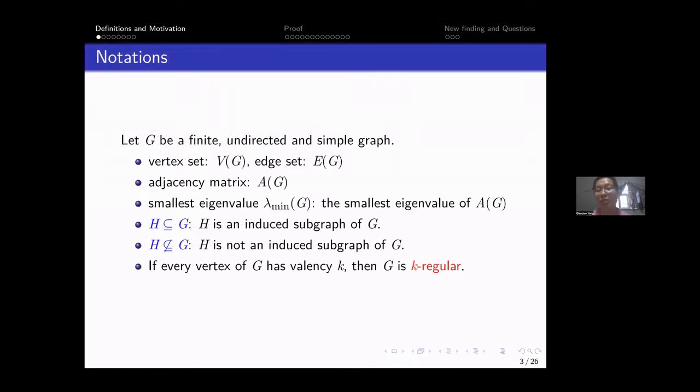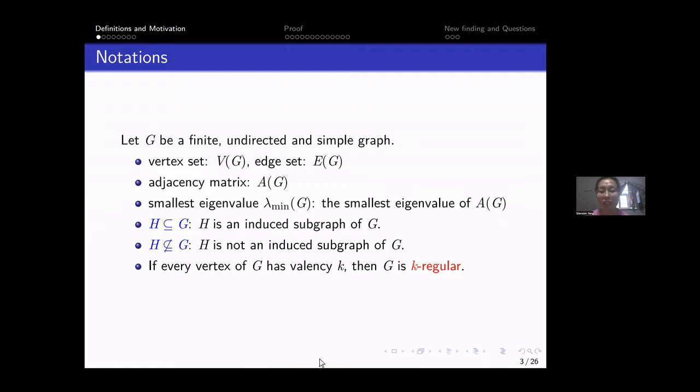Before introducing strongly regular graphs, I will give a few notations I will use in the talk. In this talk, all graphs are finite, undirected, and simple. Given such a graph G, we denote by V(G) its vertex set and E(G) its edge set, and we use A(G) to denote the adjacency matrix. The smallest eigenvalue of this graph means the smallest eigenvalue of its adjacency matrix, and we denote it by lambda_min(G).